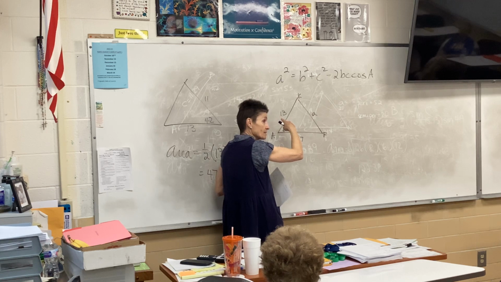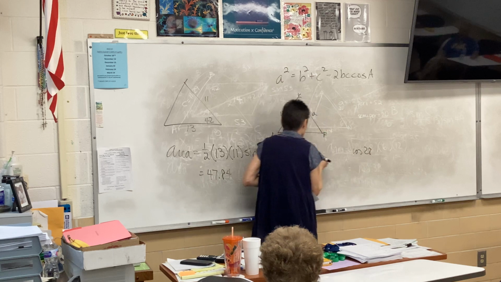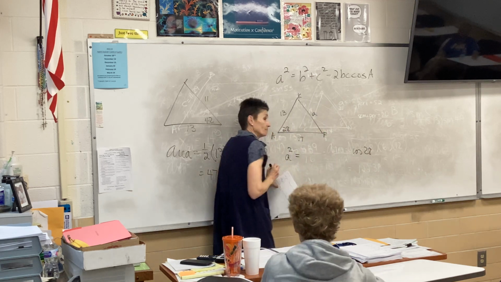And that means cosines. So my angle is 28. My side is a squared.